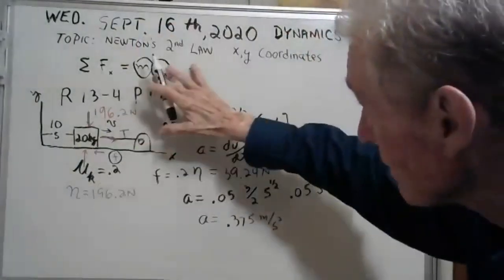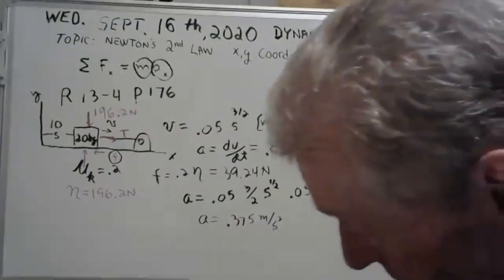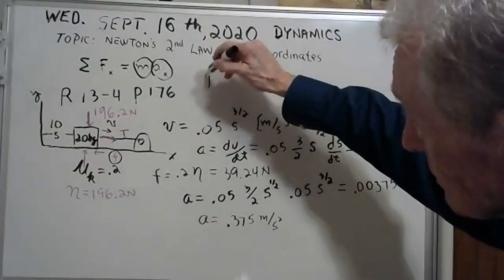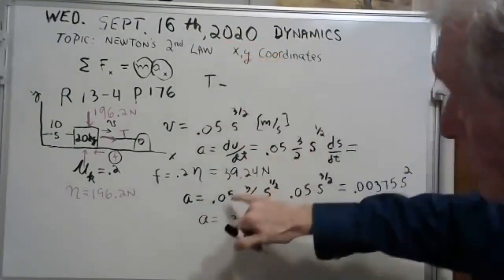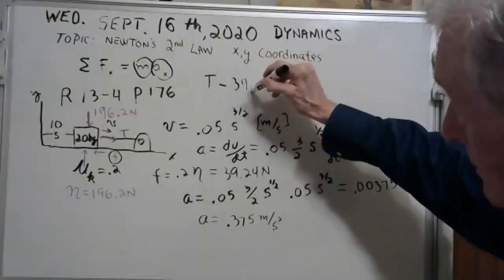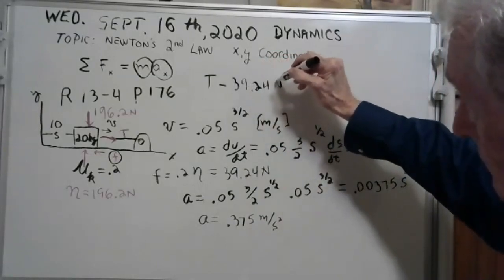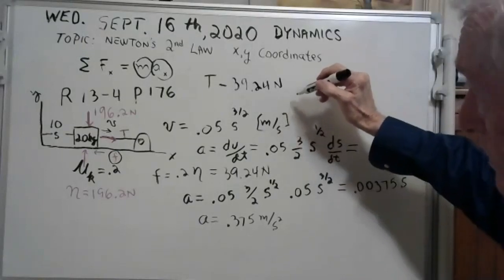Now we're going to write our Newton's second law in the x direction. Here goes. We have T going in the x direction to the right, minus the friction, which is 39.24 newtons. And that's it. That's it in the x.